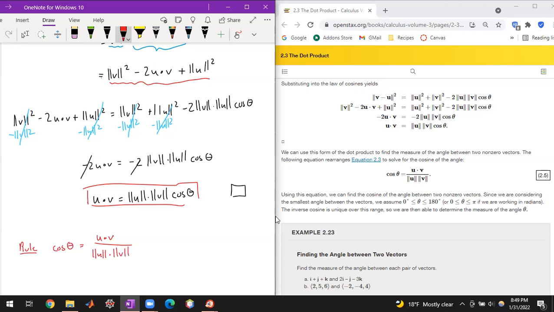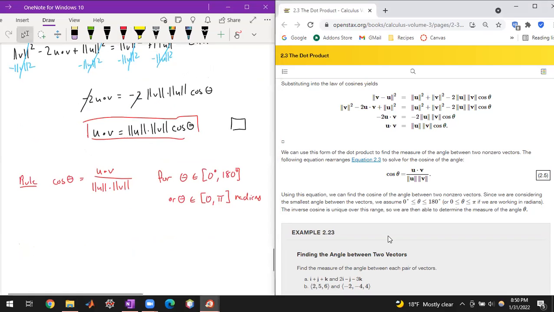And since we're considering the smallest angle between the vectors, we're assuming that our angle is between 0 degrees and 180 degrees, or our angle is between 0 and pi radians. So the inverse cosine is unique over this range. So we're actually able to get the exact measure of the angle theta. So let's take a look at an example.